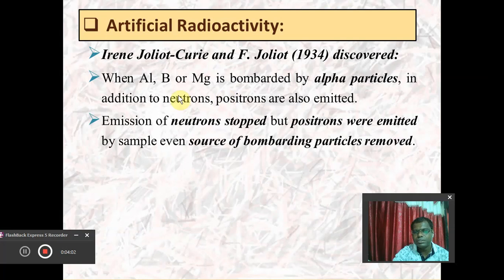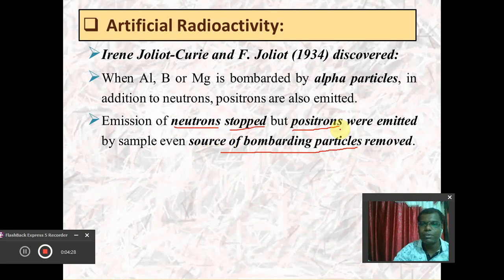After this study, they also observed that the emission of neutrons by this parent element or target element stopped, but the emission of positrons continued even after the removal of the source of bombarding particle. It's very important.